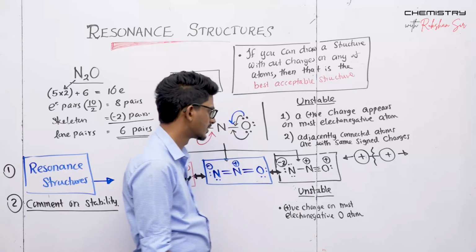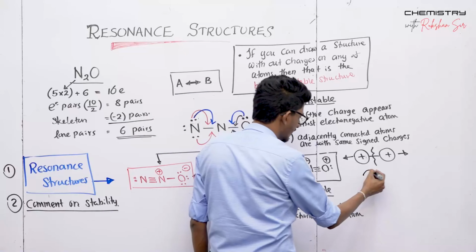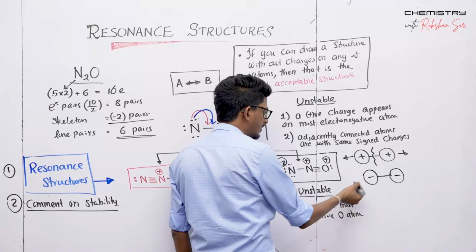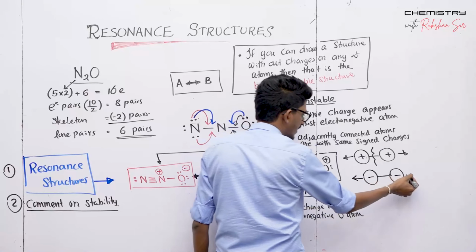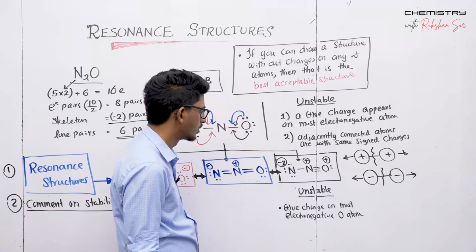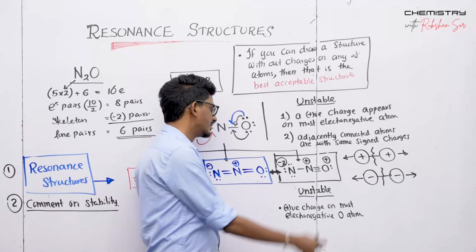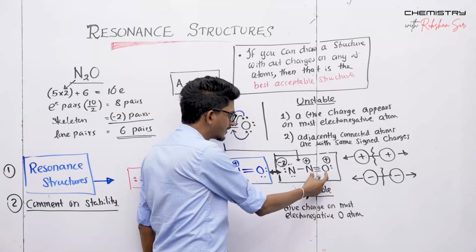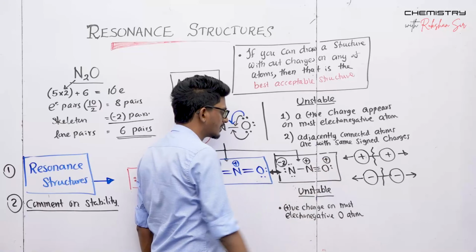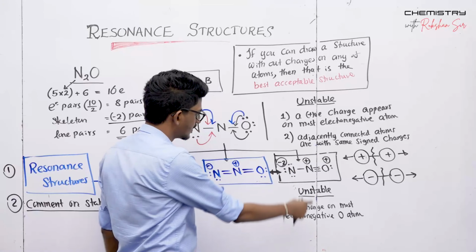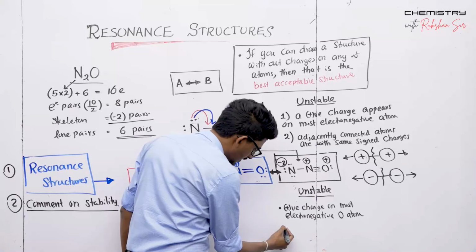So even with negative charges, if the adjacently connected atoms have same sign charges, repulsions will occur and bonds will break. The structure becomes unstable. That happens with this structure. These two atoms are adjacently connected atoms with same sign charges, so this is unstable due to that also. Two reasons for this structure to become unstable, right?